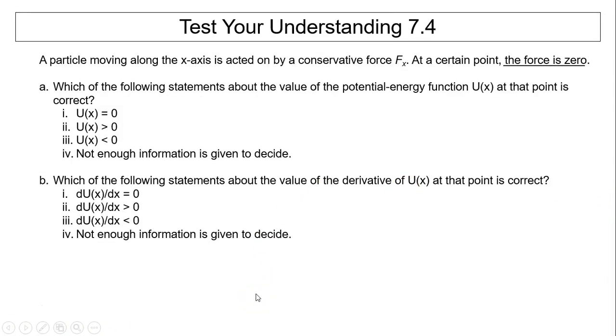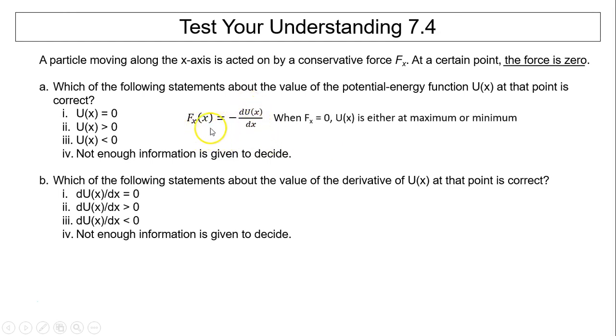Test your understanding, 7.4. A particle moving along the x-axis is acted on by a conservative force F(x). At a certain point, the force is 0. Which of the following statements about the value of the potential energy function at that point is correct? Let's see, what do we know? How are force and potential energy related? Well, force equals a negative derivative.